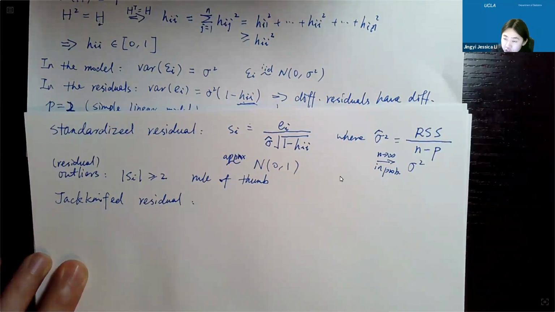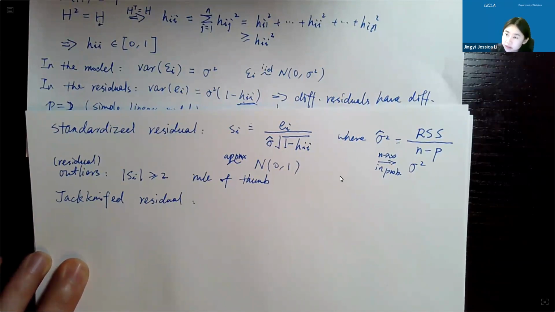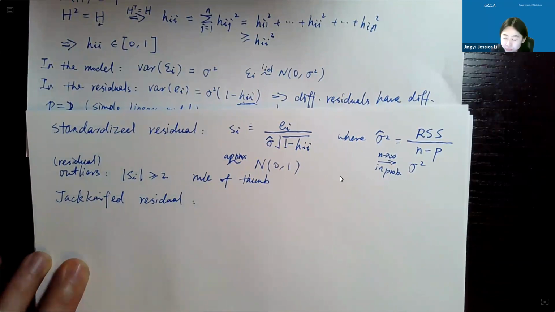The idea of Jackknife is that if you have n data points, you will fit your model n times, and each time just leaving out one observation. This is very similar to leave-one-out cross-validation. But instead of cross-validation for prediction, here Jackknife is used for parameter inference.